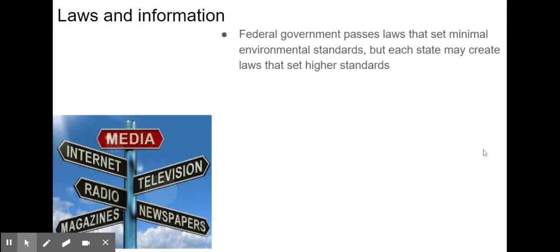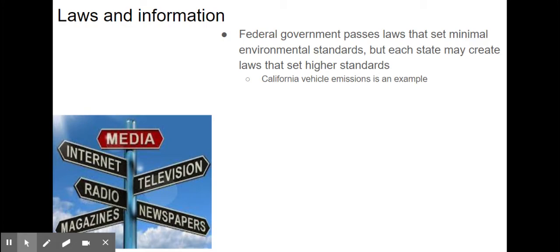Laws and information. The federal government passes laws that set minimal environmental standards, but each state may create laws that set higher standards. California vehicle emissions are an example. In California, the vehicle emissions standards are more stringent.